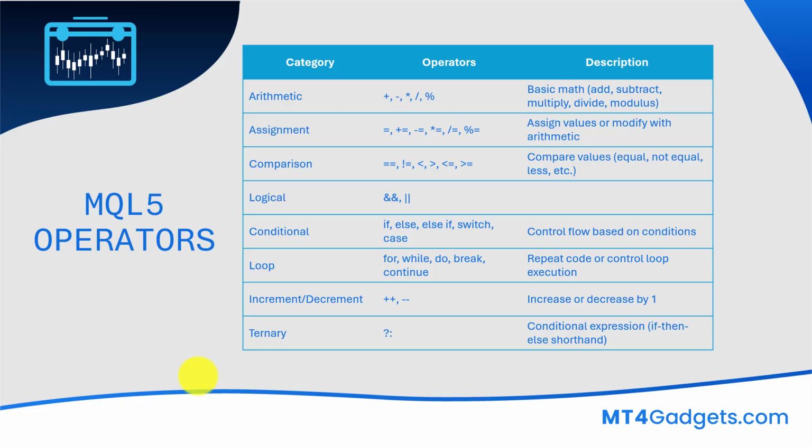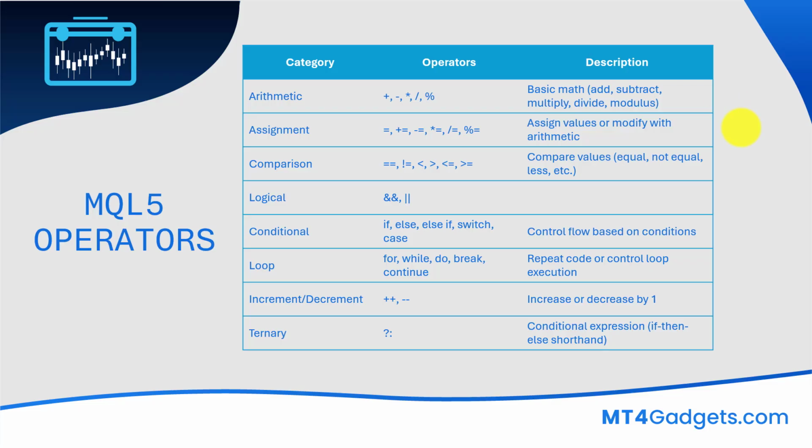Starting from the top, the first category used very often in MQL5 is arithmetic operators. Arithmetic operators can be plus, minus, and other mathematical signs. And when do you use them? You use them to perform mathematical operations on the operands, such as addition, subtraction, multiplication, division, and similar operations.